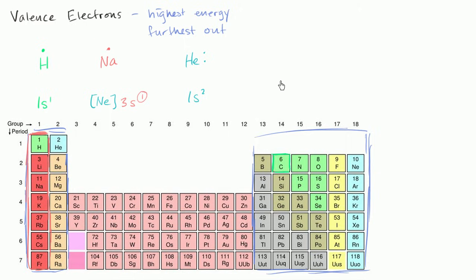Well, carbon's electron configuration is going to be the same as helium, plus 2s2, and then 2p2. So how many electrons does it have in its outermost shell that has not been completed yet? Well, it has these four, 2 plus 2. So we could depict them as 1, 2, 3, 4 valence electrons.